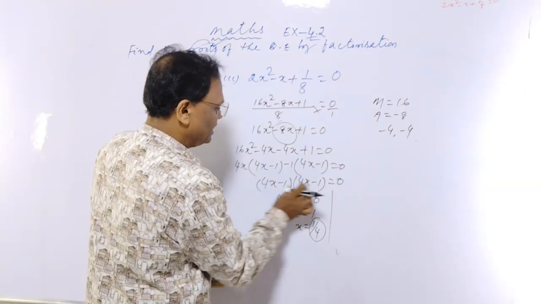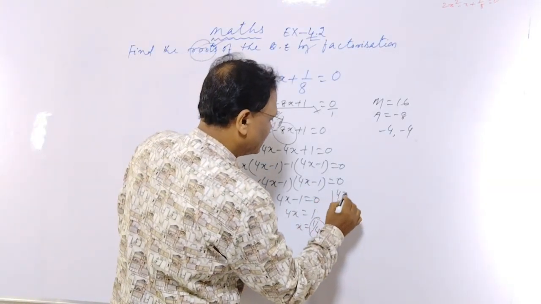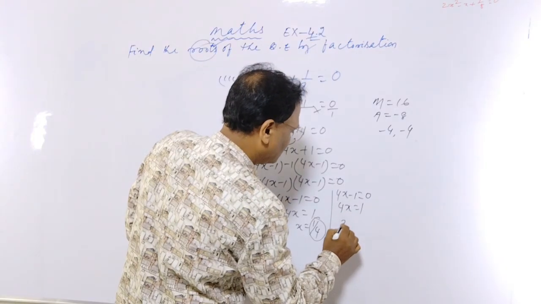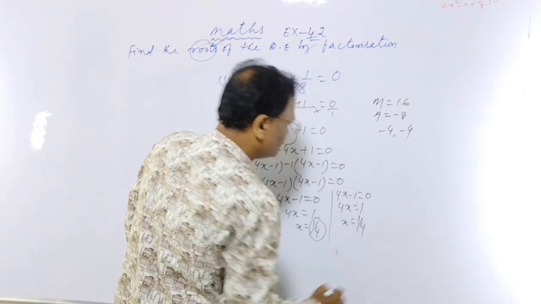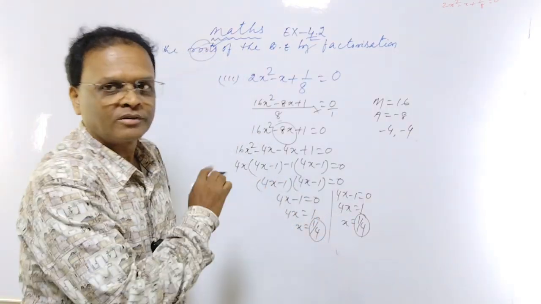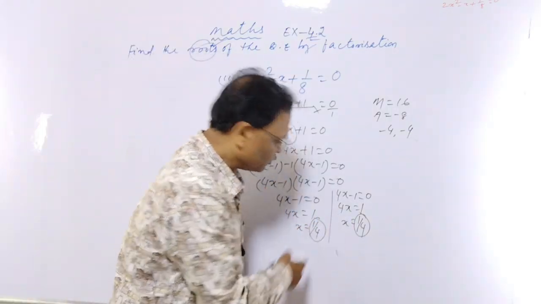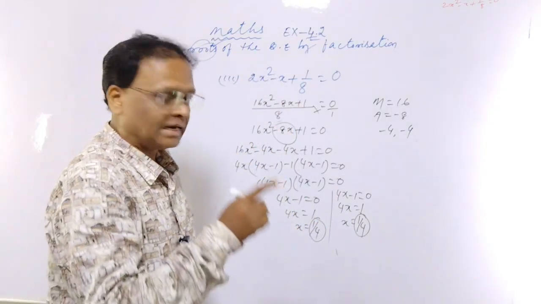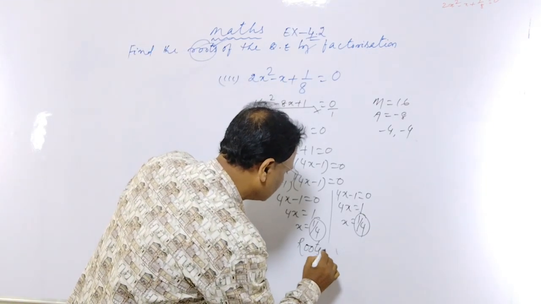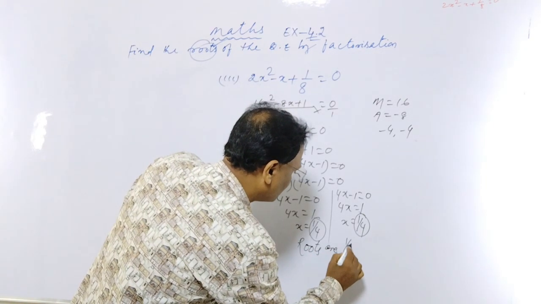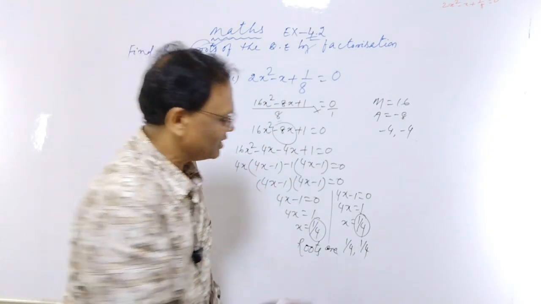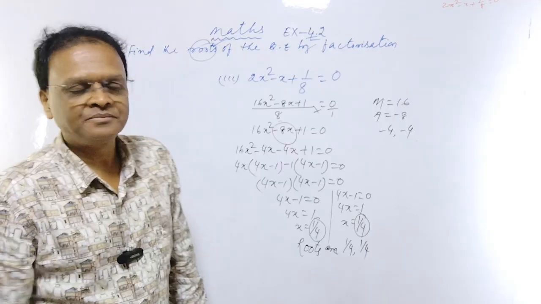So if I take 4x minus 1 equals to 0, 4x is equals to 1, x is equals to 1 by 4. So now you tell me what are the two roots I got. Two roots are 1 by 4 and 1 by 4, and both the roots are exactly equal.